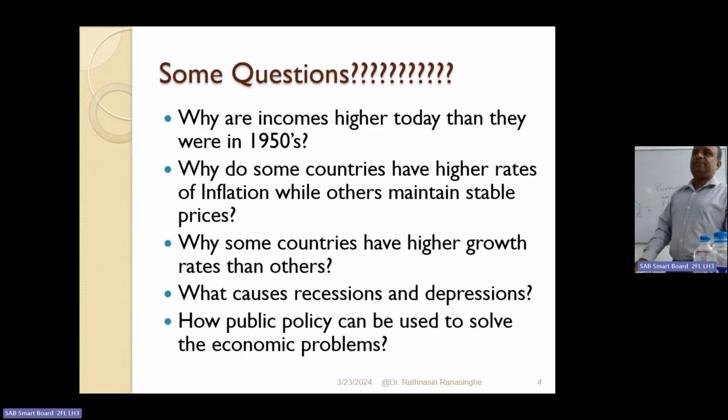And there is no expectation among the people regarding economic behavior. We cannot imagine any change. So that is stagflation, if these problems prevail.